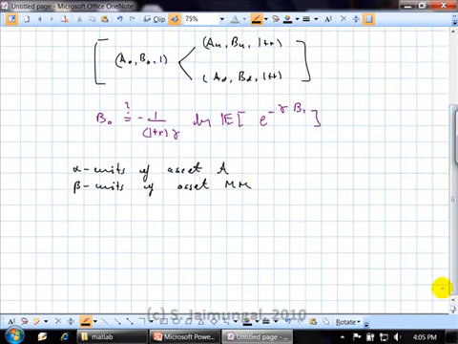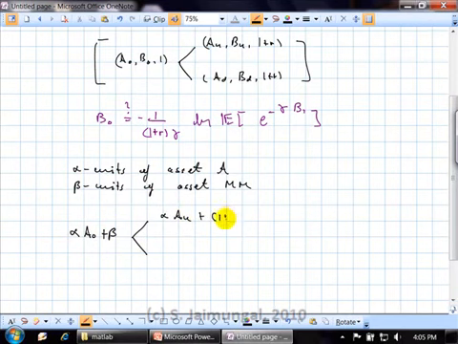So I take this portfolio, and as we saw before, the value of that portfolio is alpha A0 plus beta, and it will be worth alpha AU plus (1 plus R) times beta, and alpha AD plus (1 plus R) times beta.